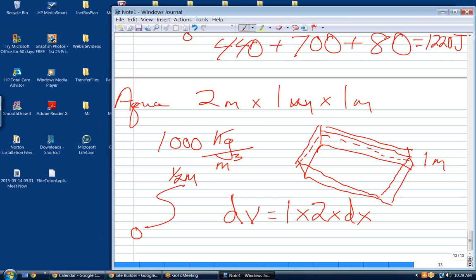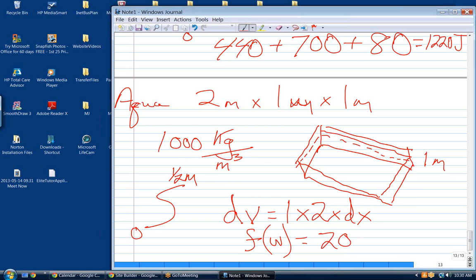So the force of that water is going to be its volume times its density. So the force of the water is equal to its volume, which is 2dx, times its density, which is 1,000.